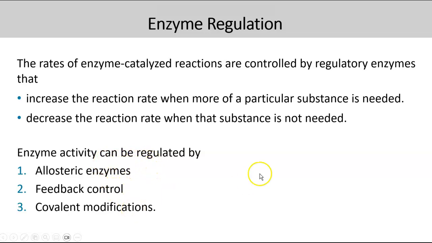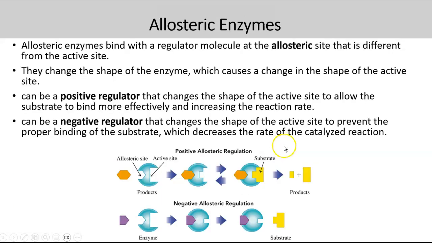one by one. Now we'll first see what is the role of these allosteric enzymes and how they regulate the enzymatic reaction. Now these allosteric enzymes can bind with a regulatory molecule at the allosteric site. So here you see an example.